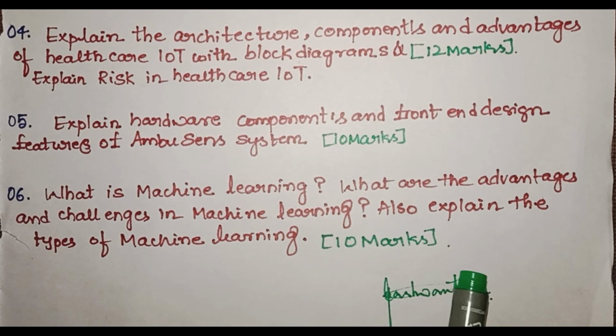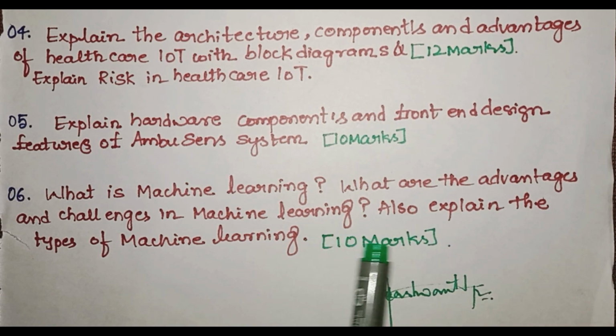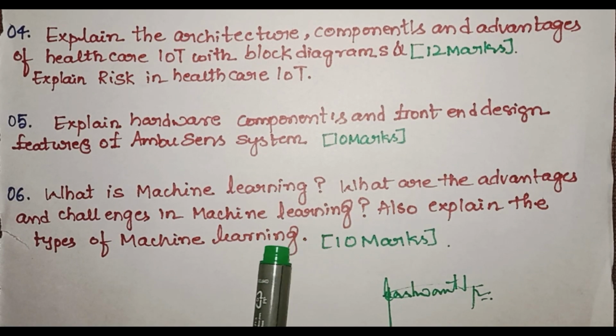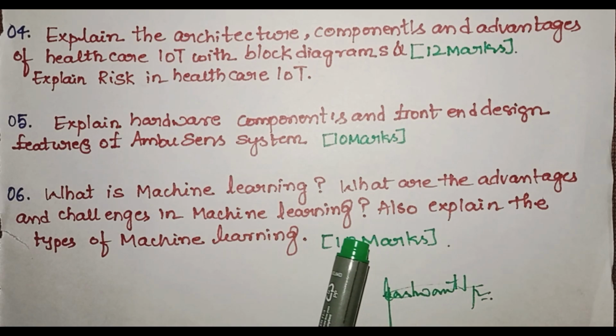And you should also explain the types of machine learning, and moreover they have also mentioned the challenges in machine learning. The challenges in machine learning are data description, amount of data, erroneous data, selection of model, and quality of model. These are the challenges of machine learning.